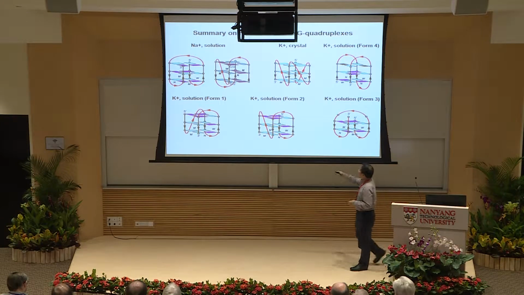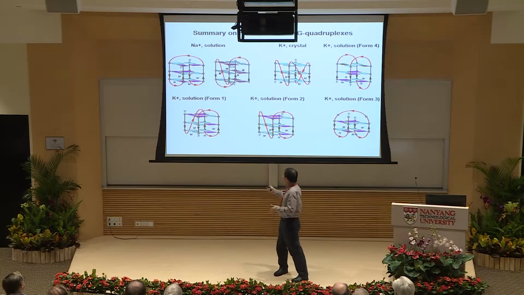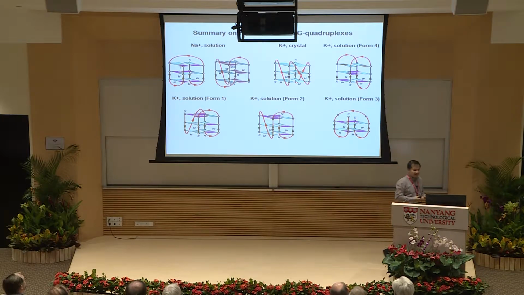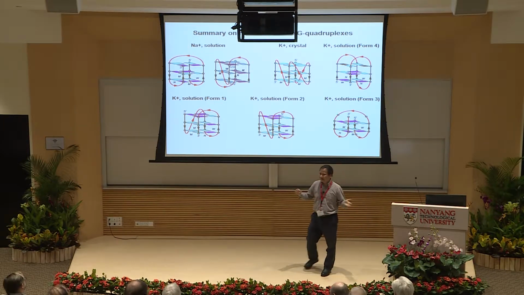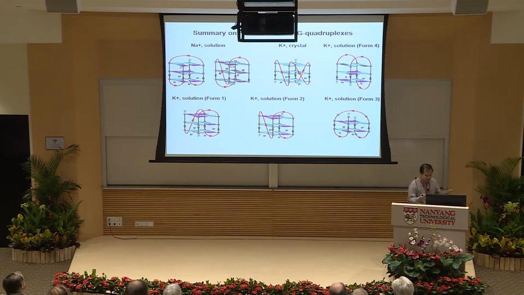To summarize, the same piece of DNA or a similar piece of DNA in different environments, sodium or potassium, can form very different structures, including a mixed tetrad. So it's fun. The polymer can adopt different conformations depending on the environment, or even the way that you fold the molecule.